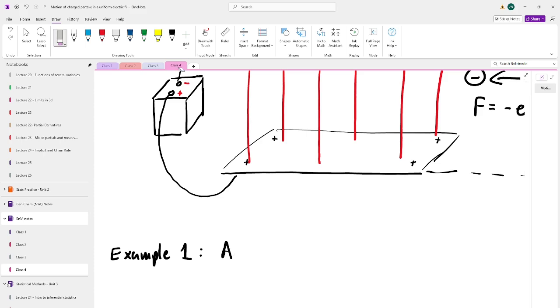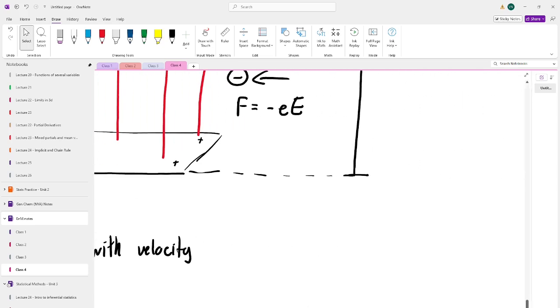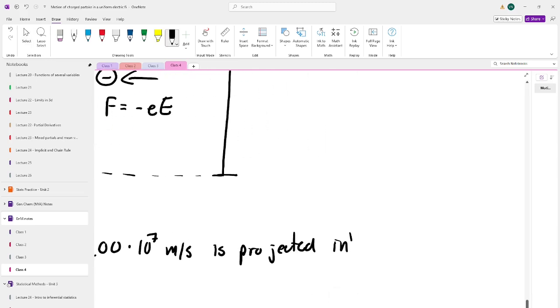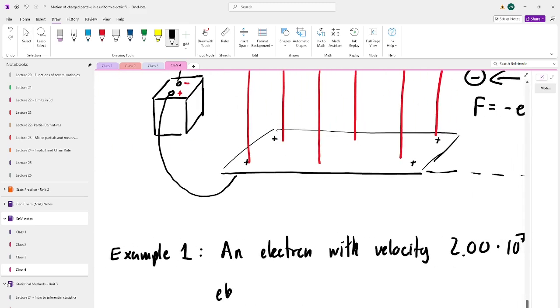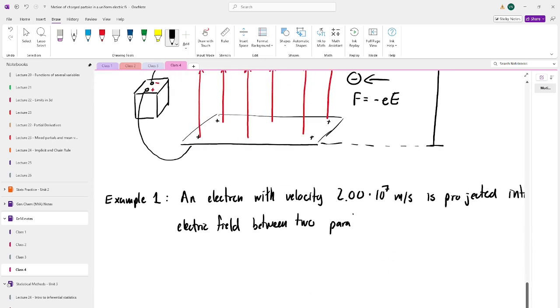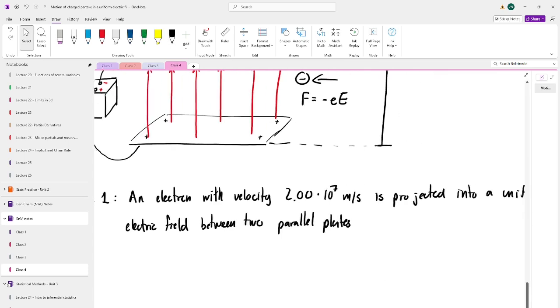An electron with velocity 2.00 times 10 to the 7 meters per second is projected into a uniform electric field between two parallel plates as shown.